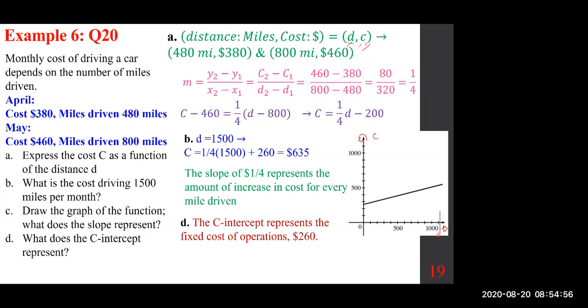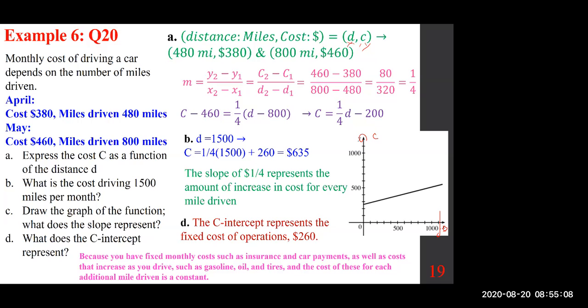It could be the insurance, it could be the lease, or whatever the case might be. And of course, it is explaining why a fixed monthly cost such as insurance and car payment, as well as costs that increase as you drive, such as gas and tires, etc. That's why it makes it a reasonable deal to have a linear function representing the cost.